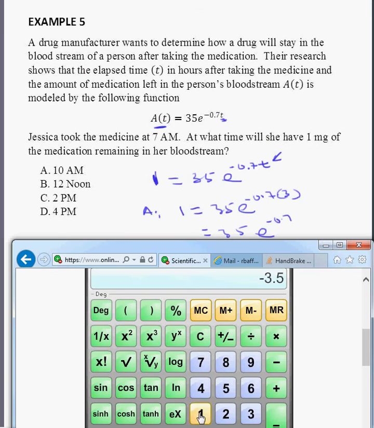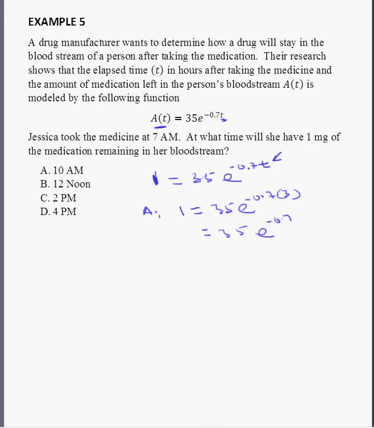We take the exponent of that, and then multiply that by 35, and that gives us 1.05. That is close enough. Approximately, we will have 1 milligram of the drug in the bloodstream of Jessica after 5 hours. So your answer choice is going to be B, 12 noon.